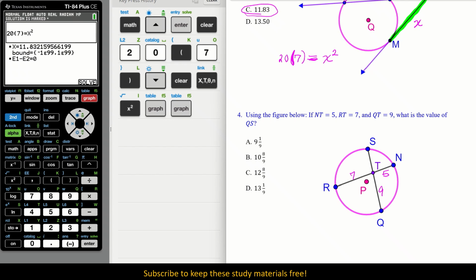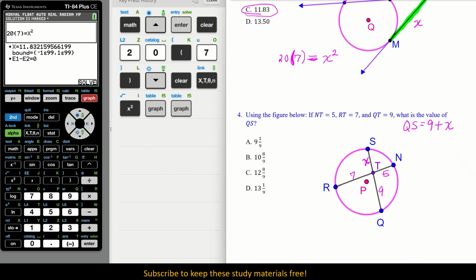Well, I can tell you right now that we're going to use these crossing segments. However, we need to mark ST as X for now. But be wary that we need to know what QS is equal to, and that is going to be 9 plus X. We have to figure out what X is.